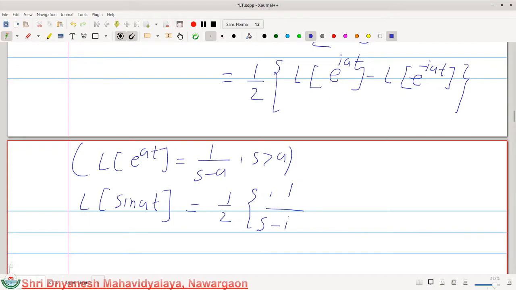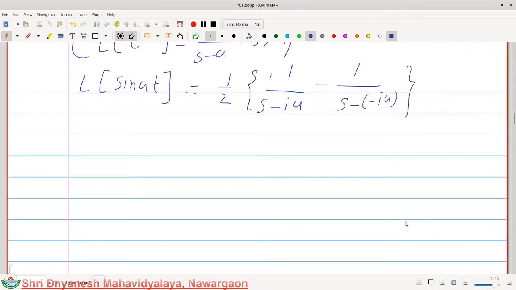So this is 1 upon s minus ia, minus, what will it be, the Laplace transform of e to the power minus iat, this will be 1 upon s minus minus ia.